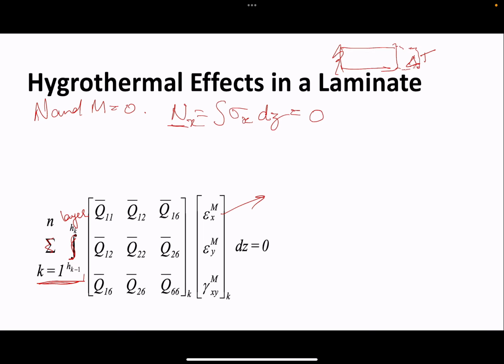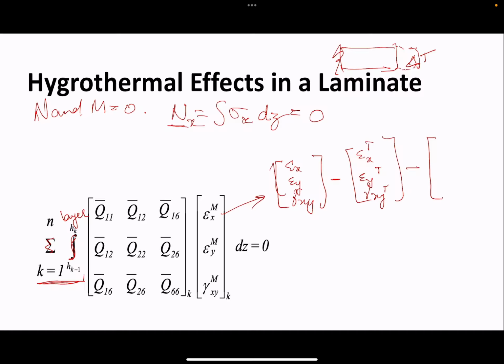And then from the previous slide, you can substitute for this matrix, as epsilon m, the mechanical strains, was just equal to epsilon x, epsilon y, gamma xy, which is your total strain, minus your thermal strains, epsilon x, epsilon y, gamma xy, thermal strains, minus the epsilon x, epsilon y, gamma xy caused by moisture.